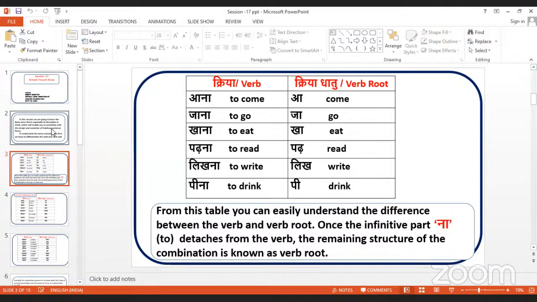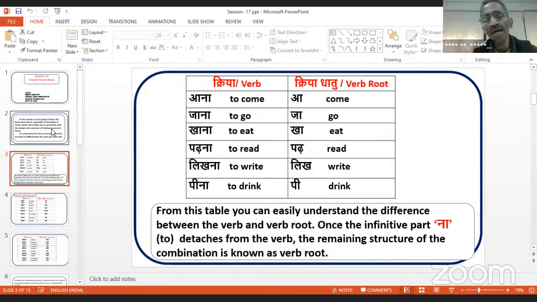So this is tense formation. We will see very first what is verb, and then we will go for verb root. Whenever a tense is there, the form of verb by which the period of action is indicated is known as tense.